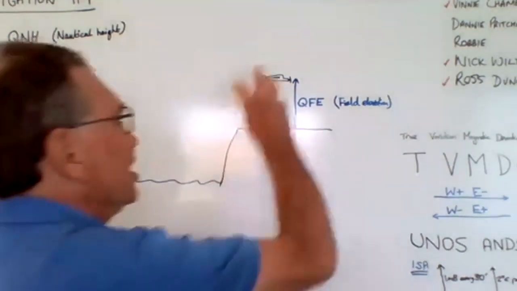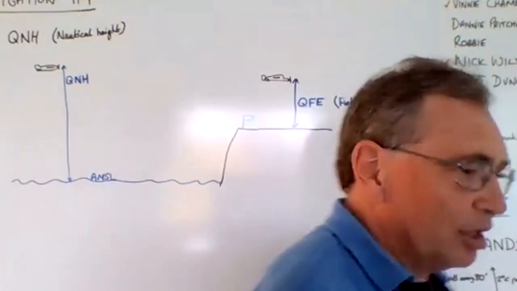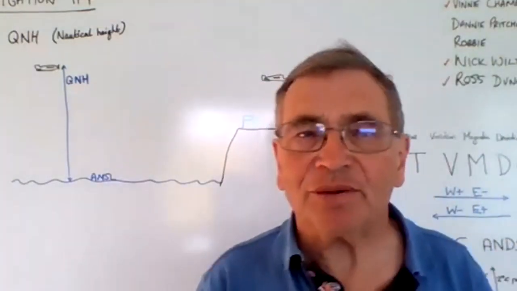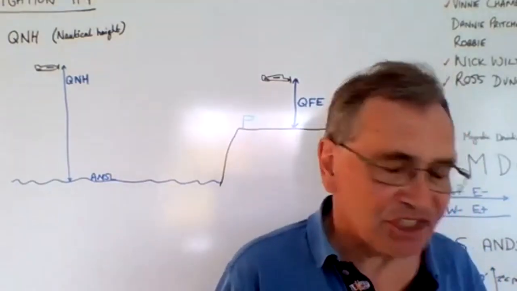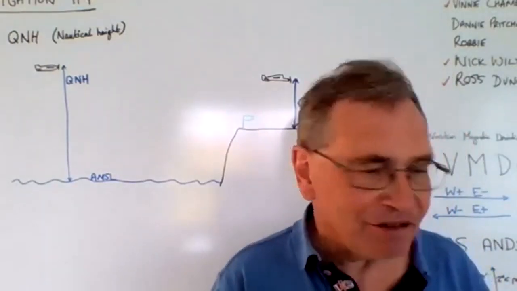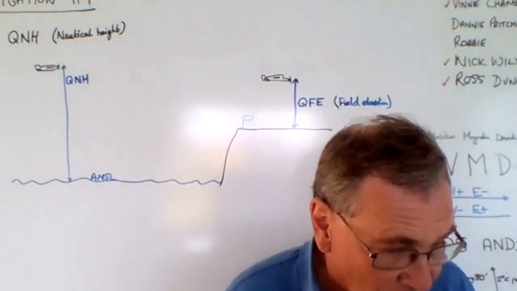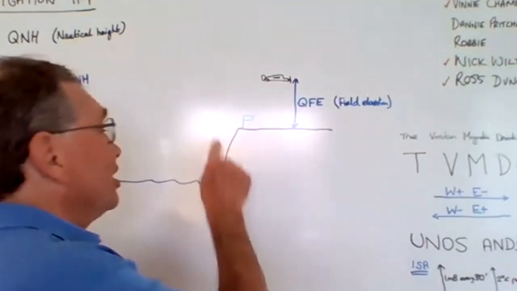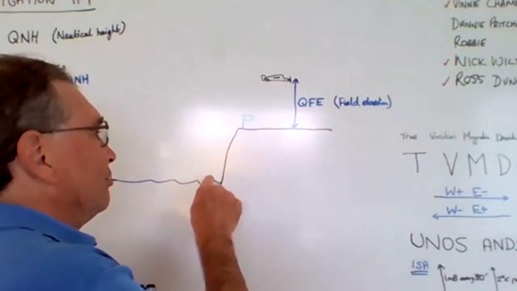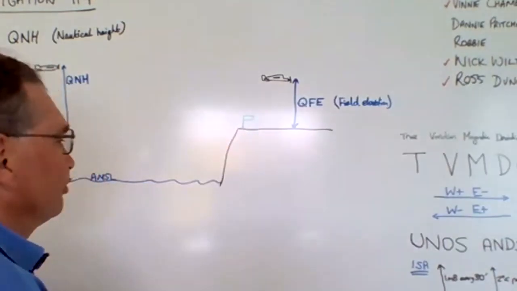So QFE is very much a local thing, just relative to a particular airfield, and it's based on the pressure setting at that unique period of time, and primarily on how high the airfield is above sea level, which of course is fixed.